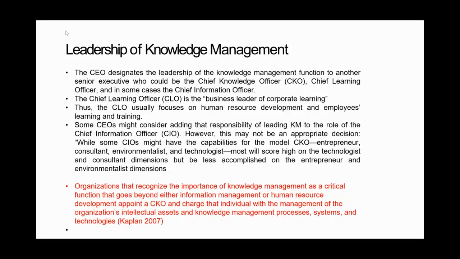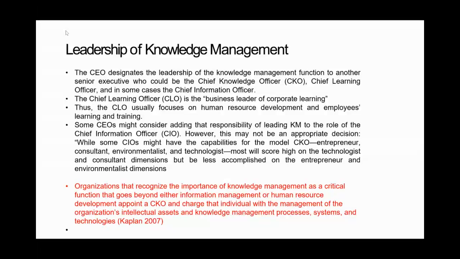So here, the CEO designates the leadership of the knowledge management function to another senior executive who could be the chief knowledge officer, chief learning officer, and in some cases, the chief information officer. And then here they're just speaking a little bit to those different roles. But the key thing we want to take away from the slide is that which is in red.